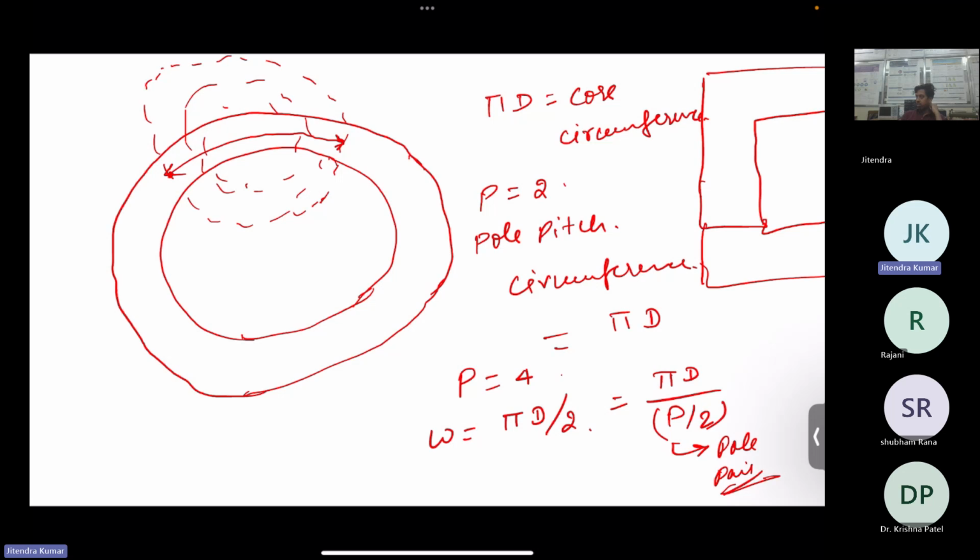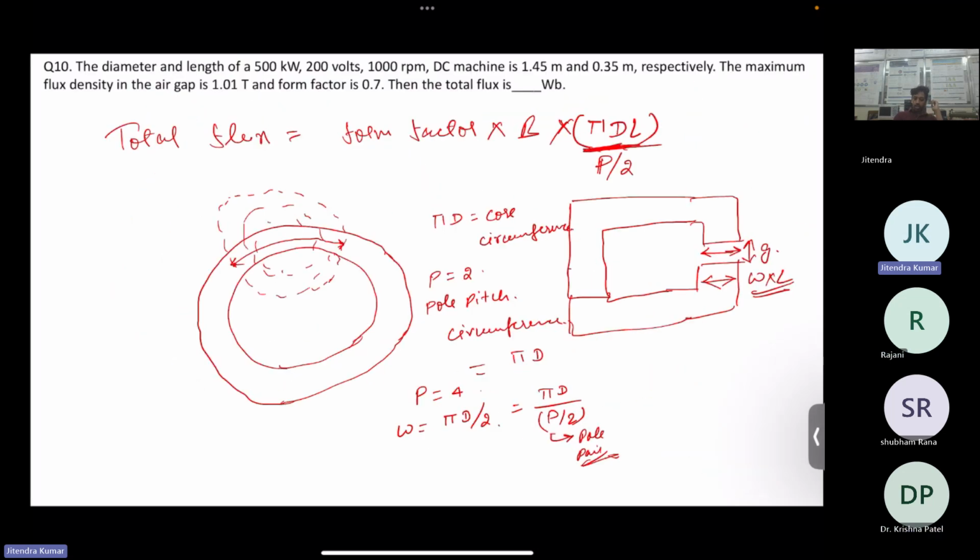Is it clear or do you have any doubt? Yes, sir, clear. Okay, so now I think we can solve this, right? So how much will be the total flux?